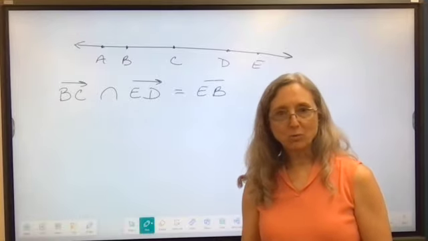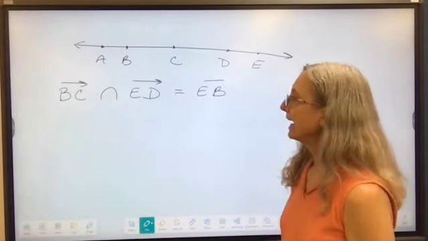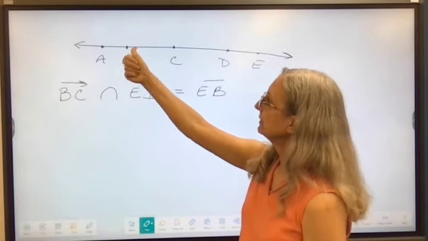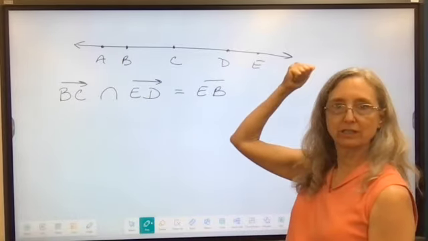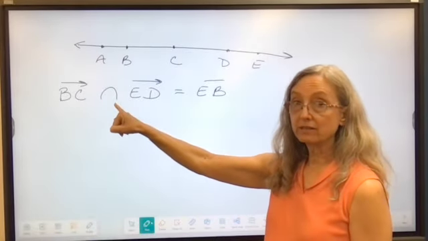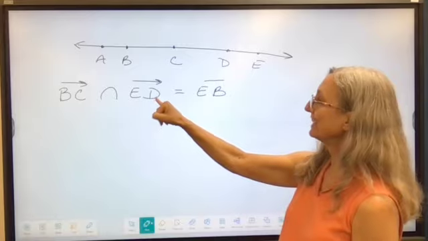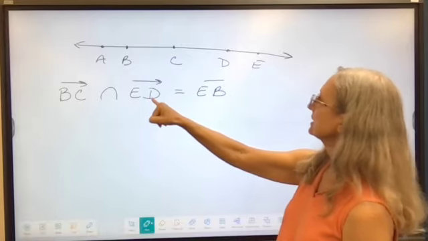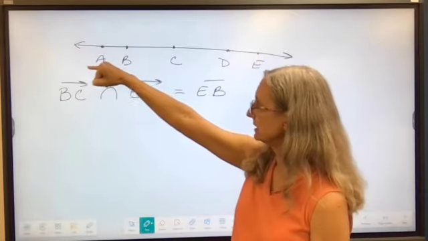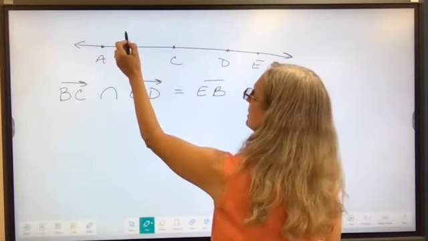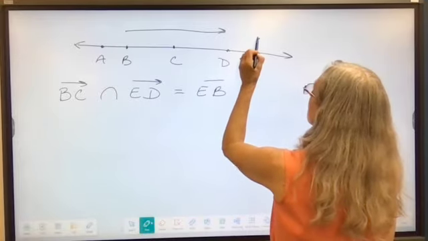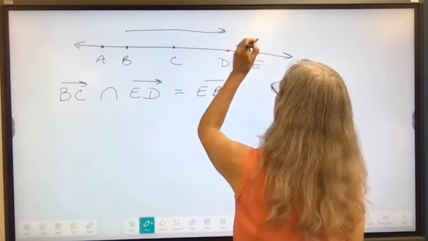Okay, let's try one more with this line. I have ray BC. So I'm starting here at B and I'm going to eternity in that direction. That's this. The intersection of that, so what it has in common with ray ED. Okay, ray ED says I'm starting at E and I'm going in the direction of D. So BC is sort of like that, and ED is sort of like that.